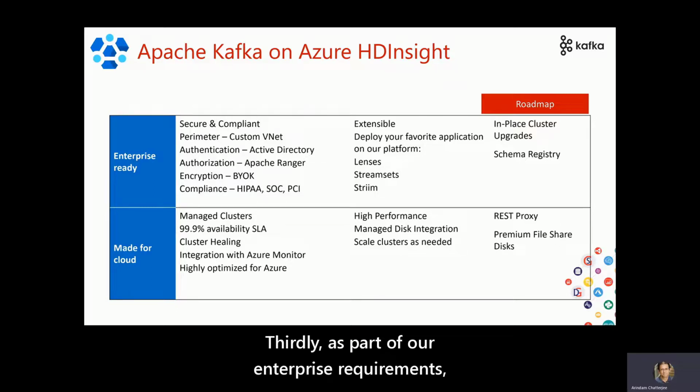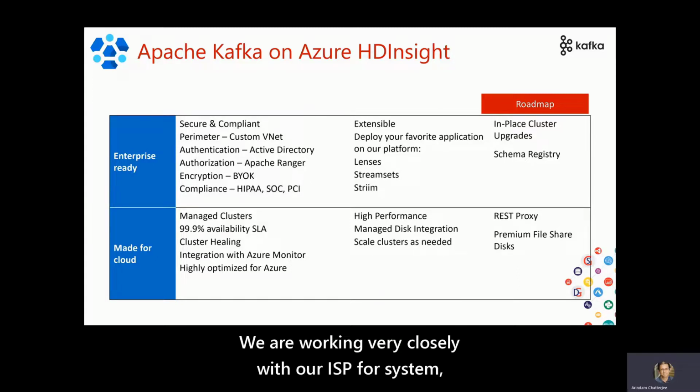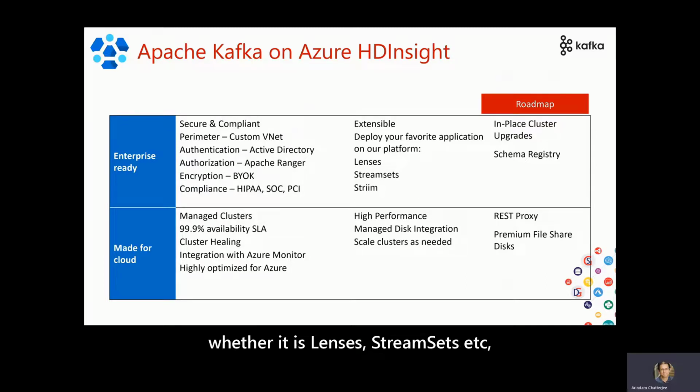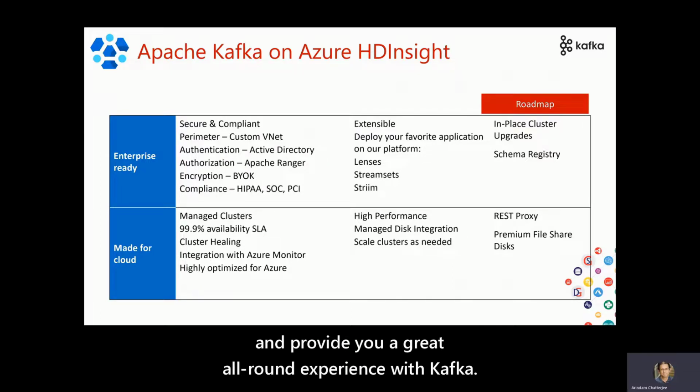Certainly, as part of our enterprise requirements, we meet all the standards requirements around HIPAA, SOC, PCI, etc. And we are working very closely with our ISV ecosystem, whether it is Lenses, StreamSets, etc., to make sure that their monitoring applications continue to work with HDInsight Kafka and provide you a great all-round experience with Kafka.